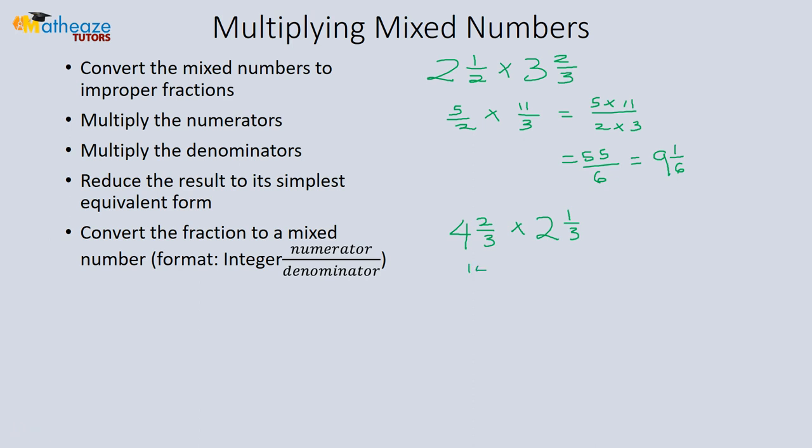That gives us 14 over 3 times 2 times 3, 6 plus 1, 7 over 3. So we're going to have 14 times 7 over 3 times 3. This is going to give us 98 over 9. And when we divide, we should get 10 8 over 9.